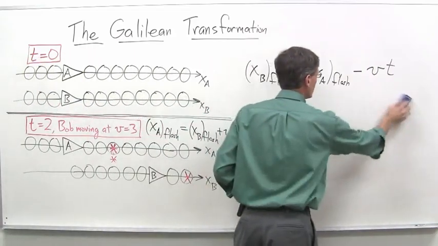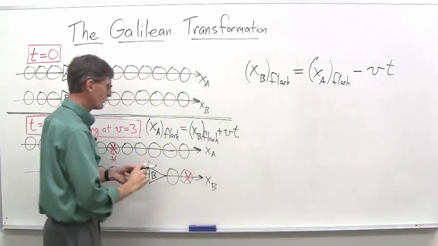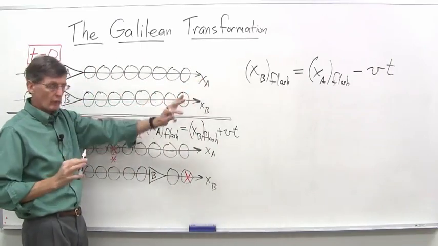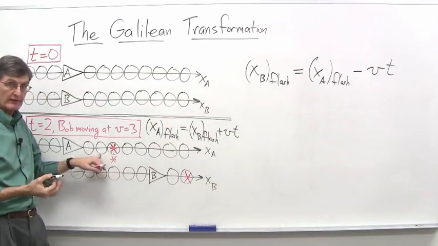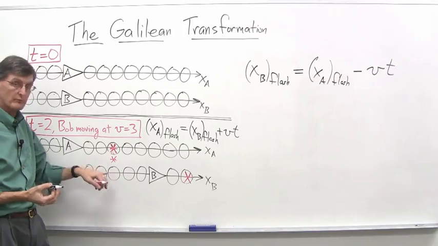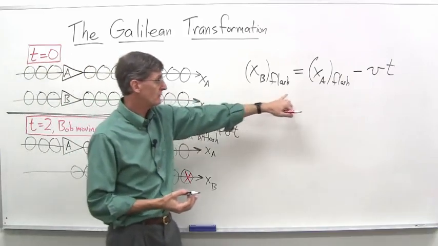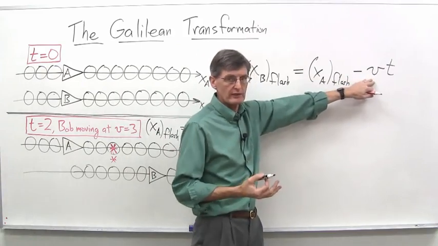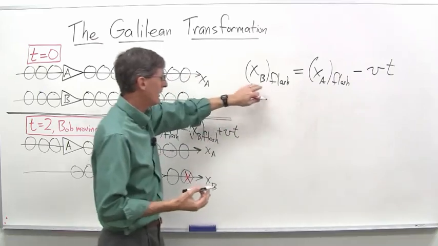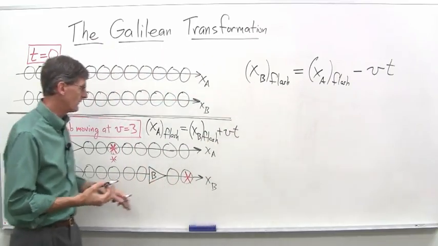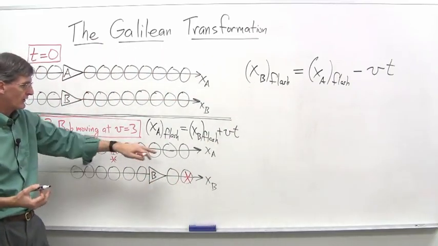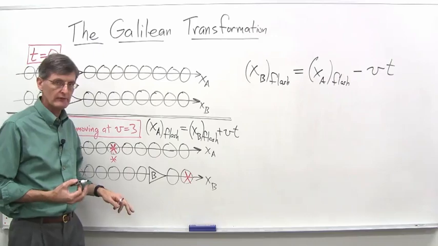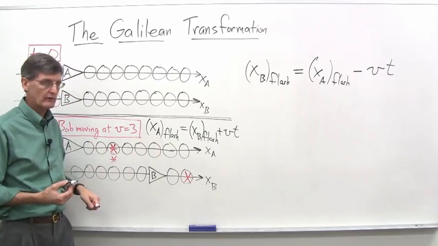So our 2 equations are: if I know what Alice observes and I want to find out where it would occur for Bob, then I use this equation, position of Alice minus vt, where v is taken as a positive number here. That'll give me the position in terms of Bob's perspective. Or if I know what Bob saw, his position, I add vt and I get Alice's position here.